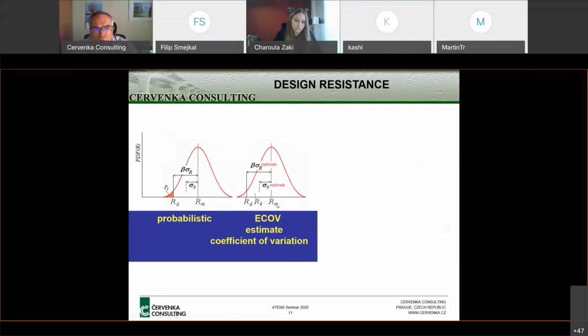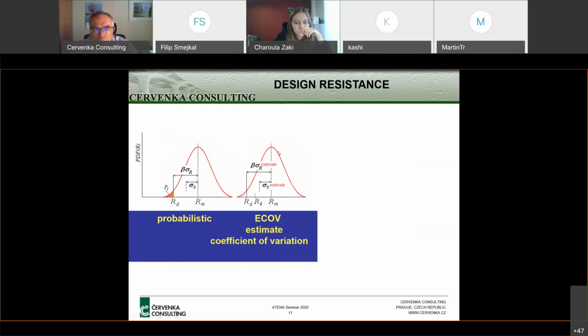In terms of ECOV, we estimate, and we have to understand it is an estimate, the mean value using the mean parameters. We estimate the characteristic value by making analysis with the characteristic parameters. And we also have to make an assumption of the shape of our distribution.